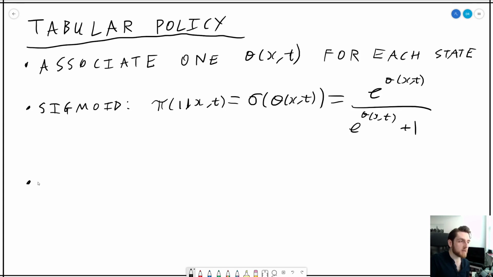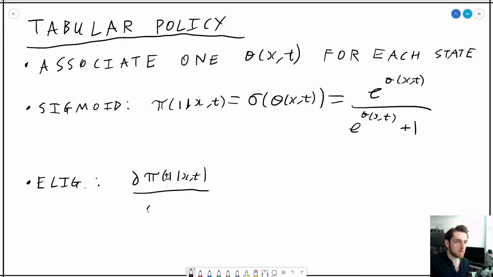So in this case, the eligibility is simply given by the derivative of the log policy, plus or minus 1, with respect to the weight. Just for completeness, we'll have this weight be at some arbitrary position.